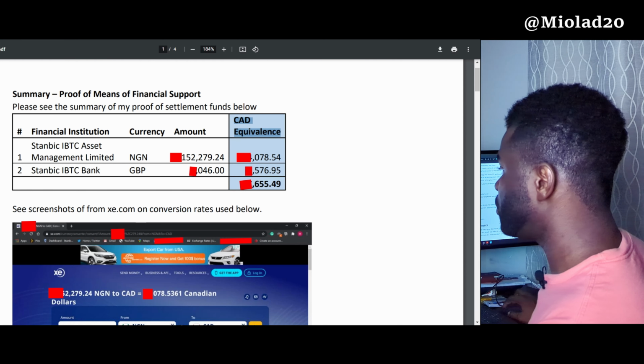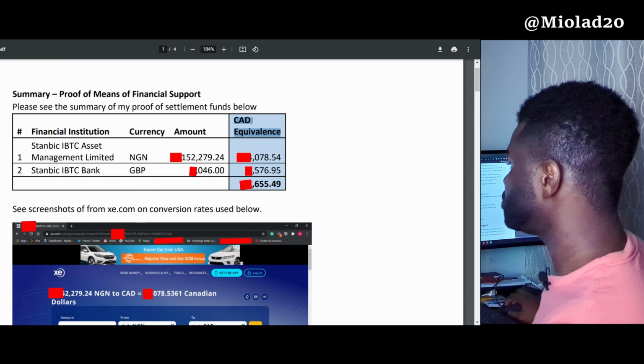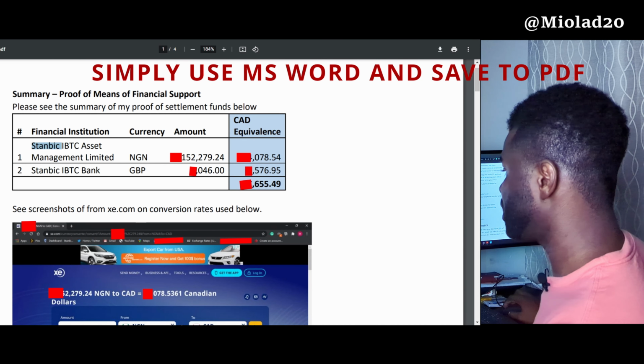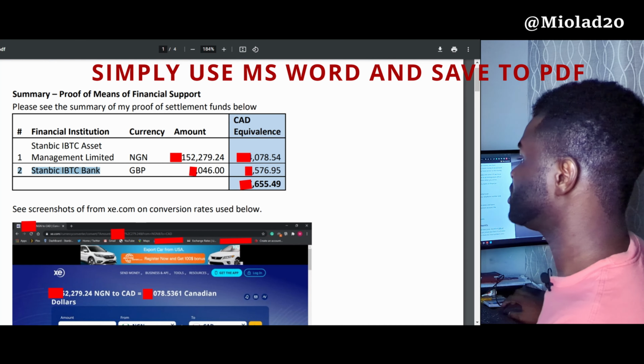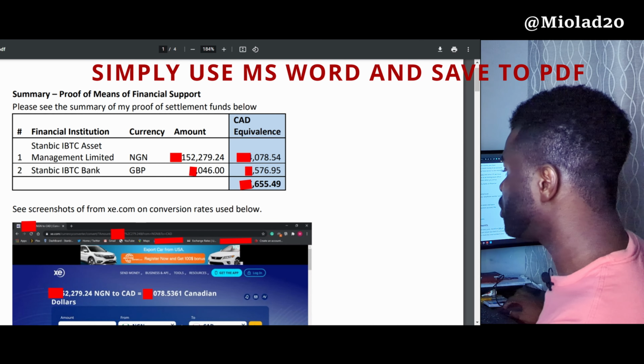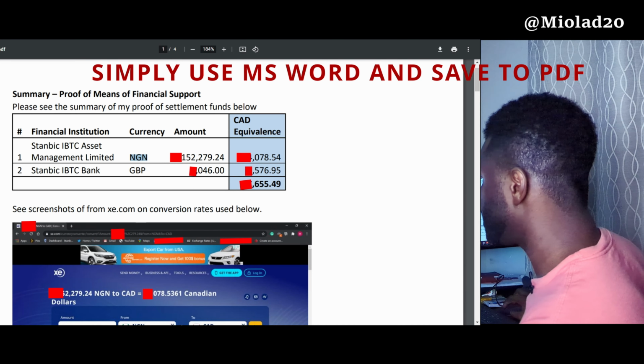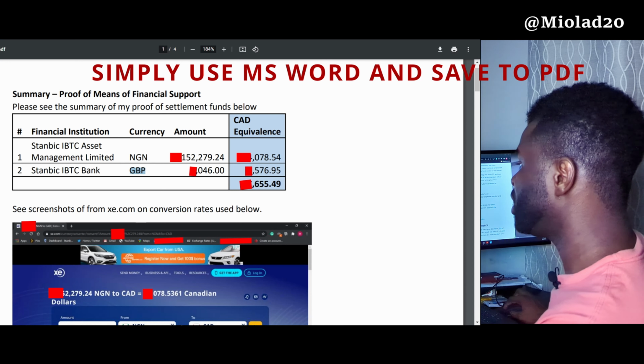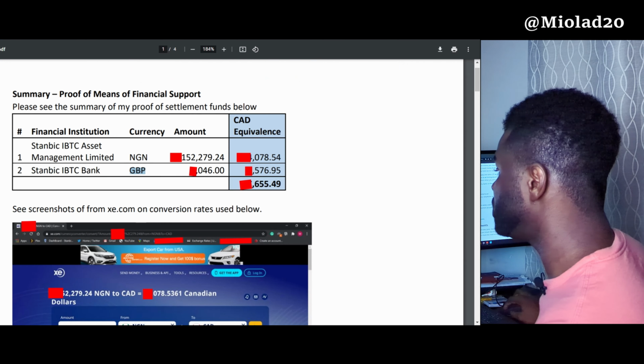For example, when I was submitting my application, we had money in 2 bank accounts. One is an investment account, and the other is a normal current account with the bank. One of those accounts is a Naira account, while the second one is a British pounds account, which I see indicated here as GBP.